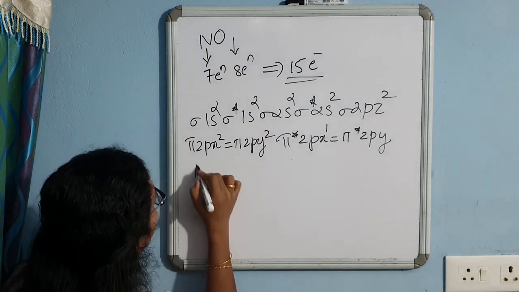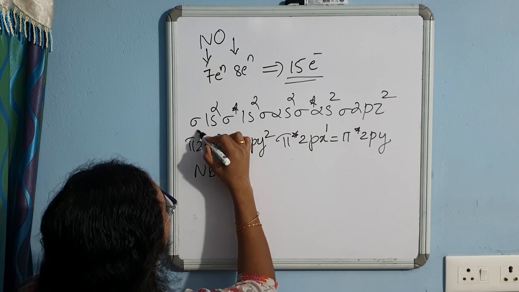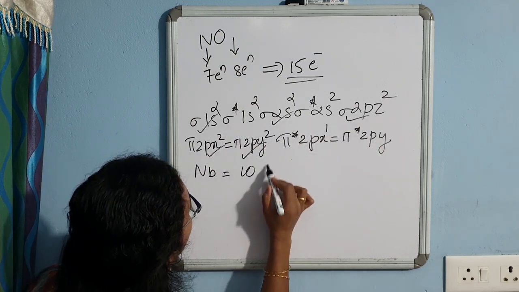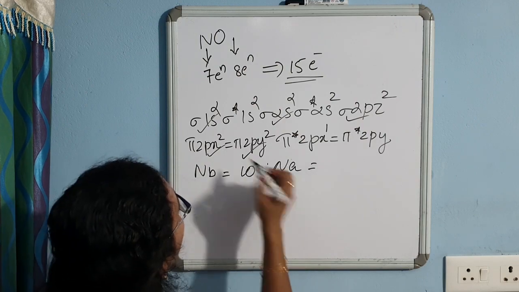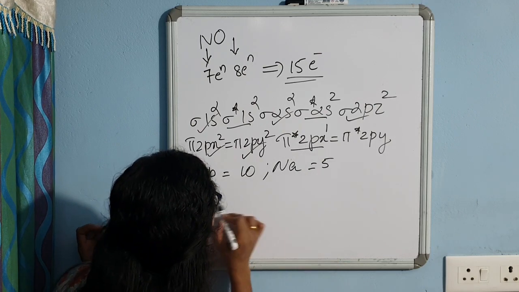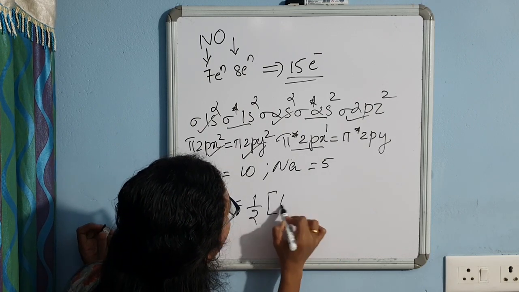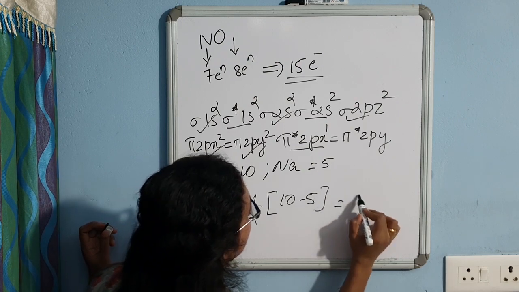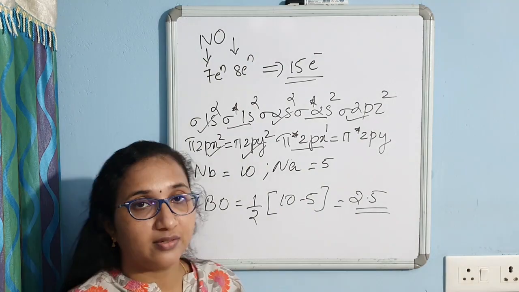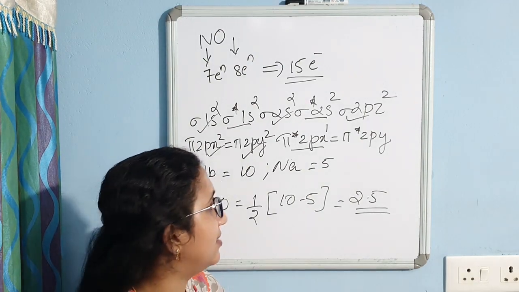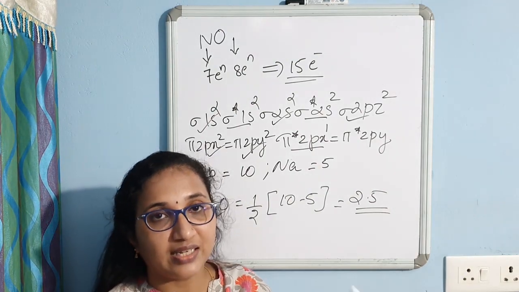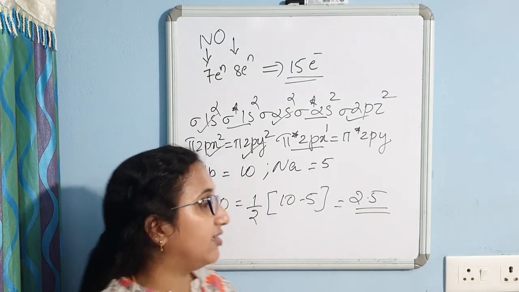And here we know the number of electrons in bonding orbitals is 2, 4, 6, 8 and 10, and the number of electrons in anti-bonding orbitals is 2, 4 and 5. So bond order equals half into 10 minus 5, that is 5 by 2, 2.5. So here the bond order is a fractional value. That means it is intermediate between a double bond and a triple bond.